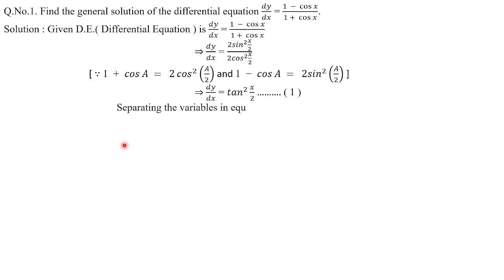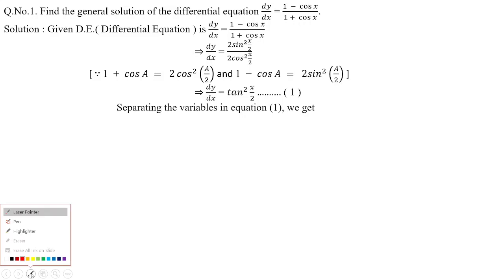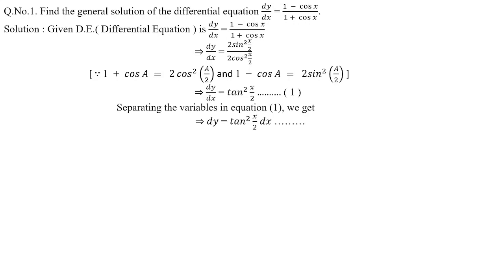If you move dx, the denominator dx, to RHS, can you tell me the next step? What will you get in LHS? This implies dy is equal to tan square x by 2 into dx. Yes or no? We have written the numerator dy as it is in the LHS, and we transposed dx, which is in the denominator, to RHS.